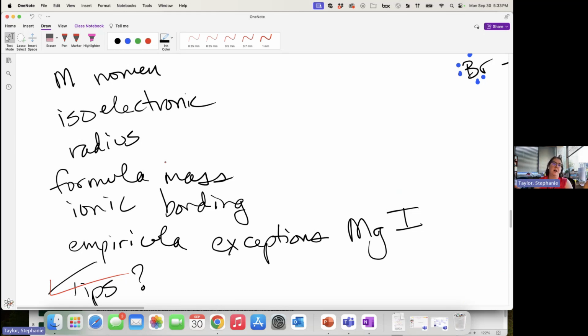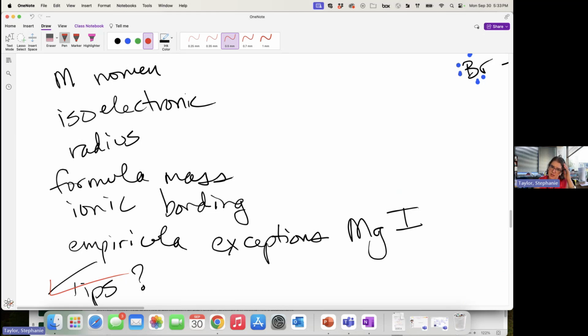If we want to ask you about formula mass or percent composition, why not ask for the percent composition in phosphoric acid, all in words? Why not? It's what you're responsible for. You can sure do it. So we could write almost every calculation question as a polyatomic ion question if we wanted to. It's doable.